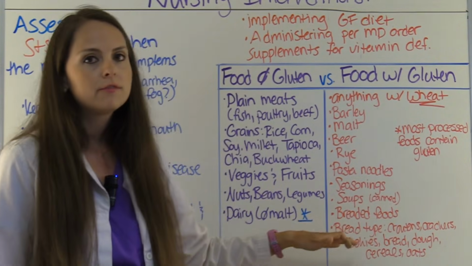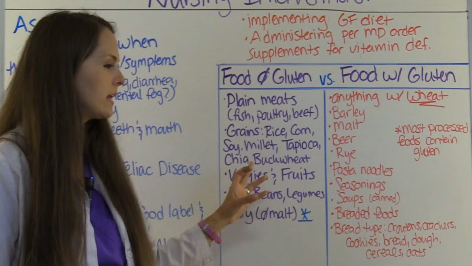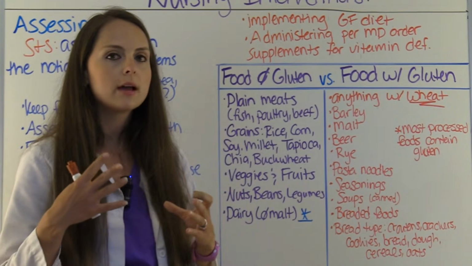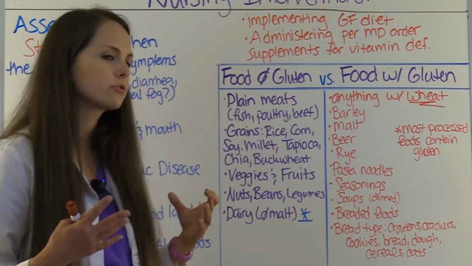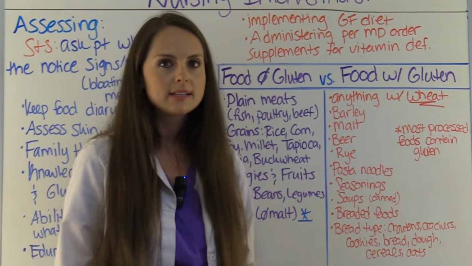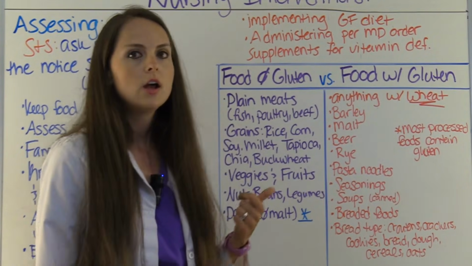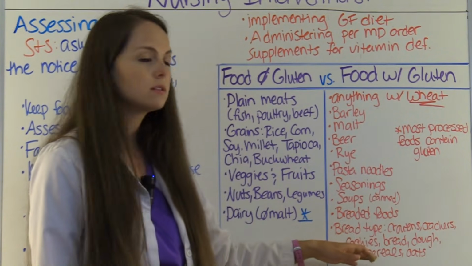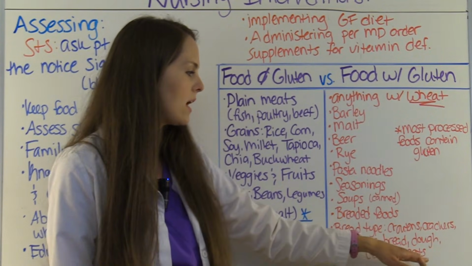Any type of breaded foods, unless it's made with a gluten-free grain, and it's usually labeled gluten-free. So you want your patients to really look at the labels to see if it says gluten-free, because manufacturers are getting really good about putting that on there. And anything that looks like a bread type thing, like a crouton, crackers, cookies, bread, dough, most of your cereals, and oats.